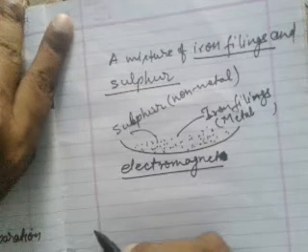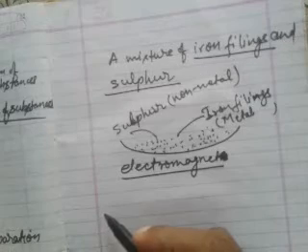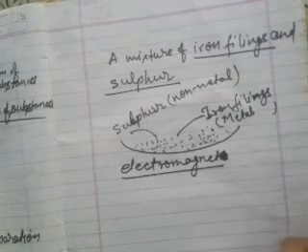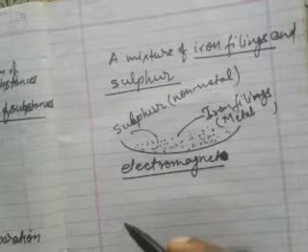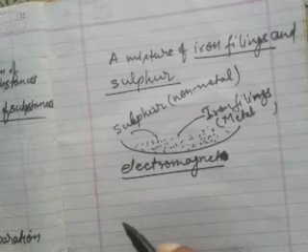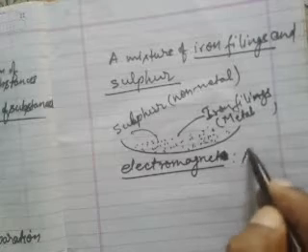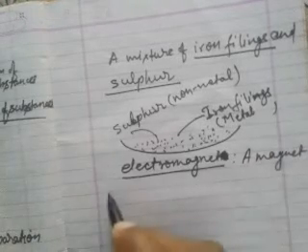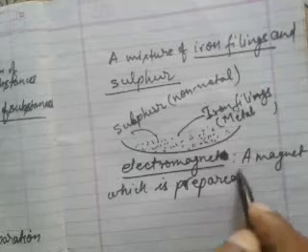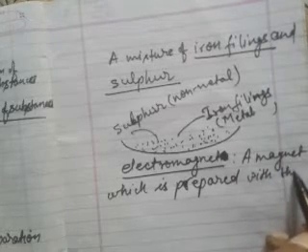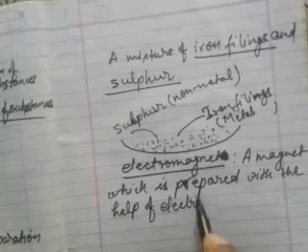Electromagnet means a magnet which is formed or prepared with the help of electric current.